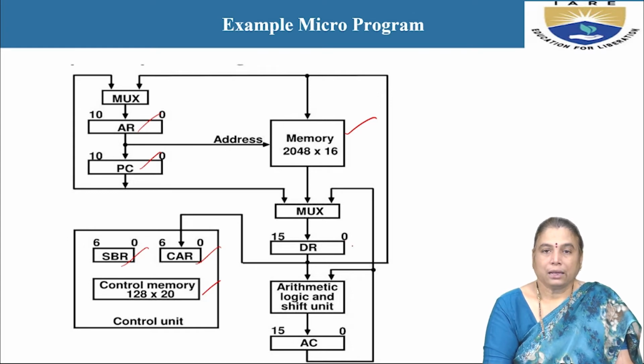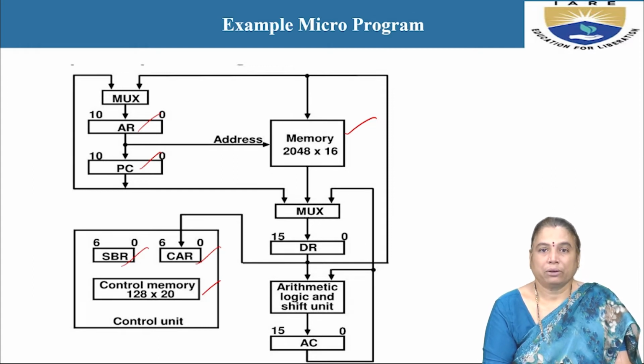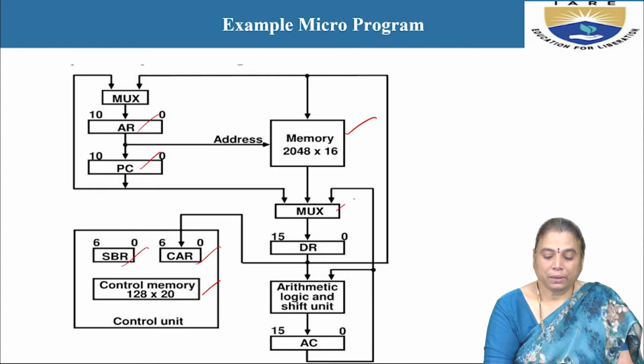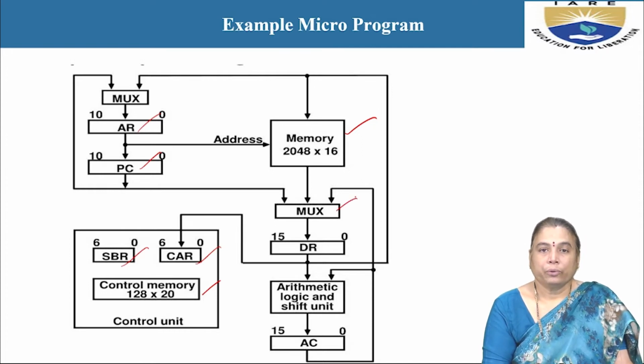The data register holds the data and the address register holds the location of the respective memory where this data is written or read from. And this multiplexer is used to select either the main memory or the control memory.